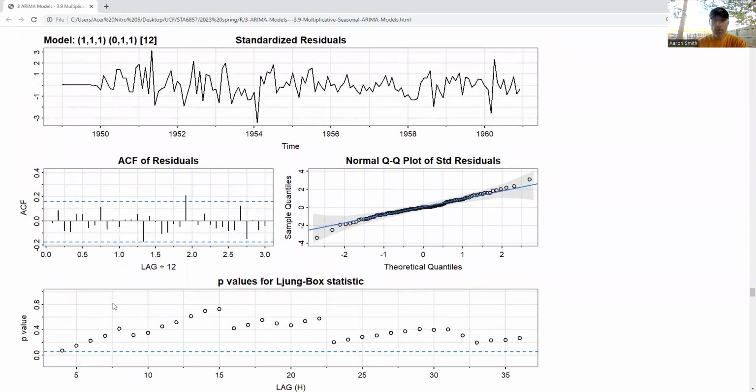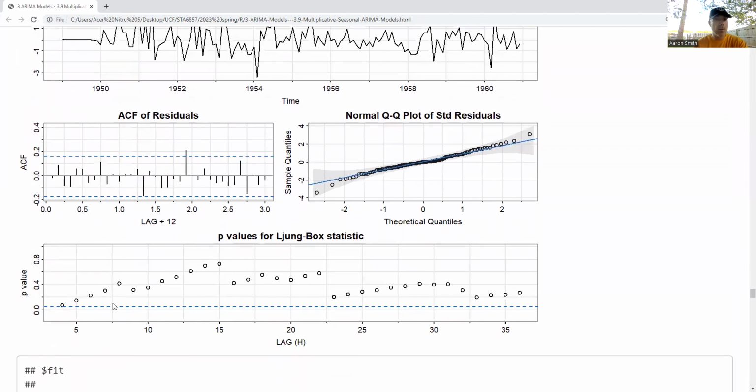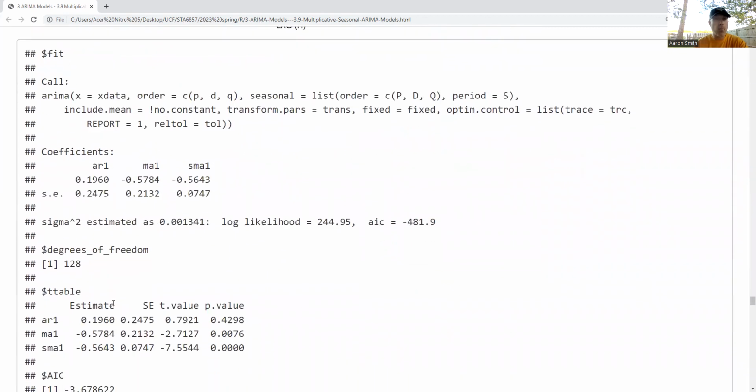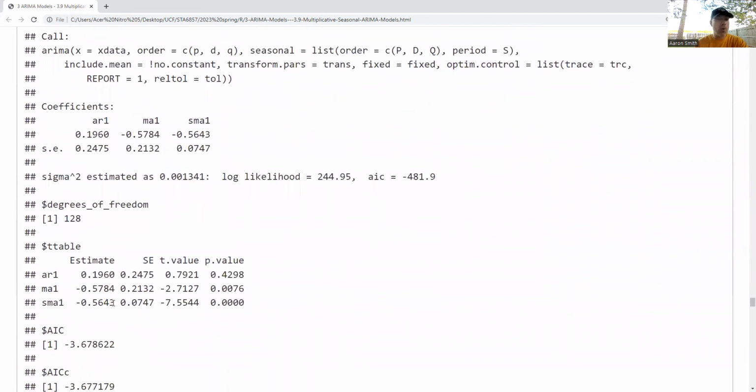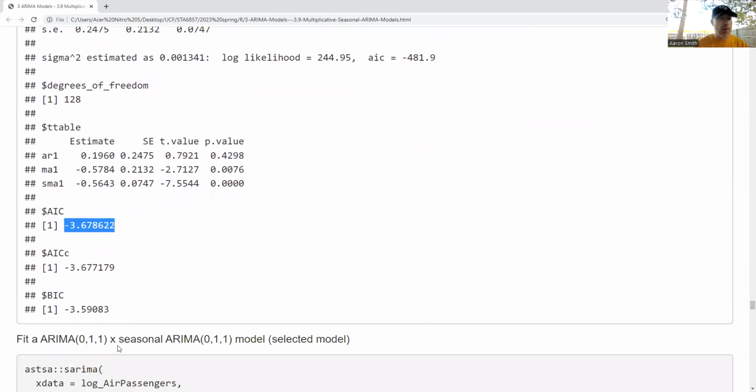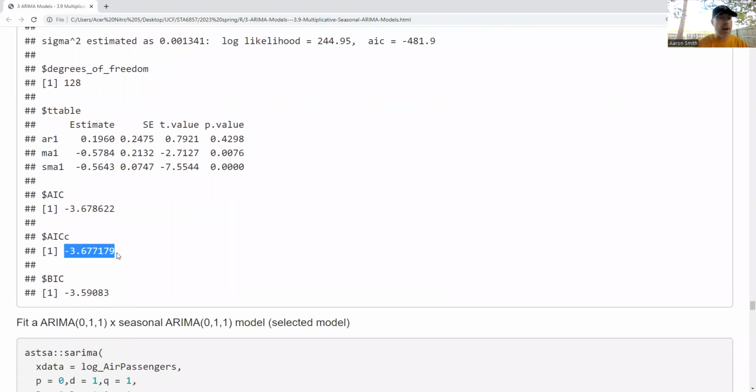Now, a lot of these look pretty close. When I was preparing for this, I was looking at the AIC and the BIC to decide what's best. And so here is the AIC, the corrected AIC, and the BIC.